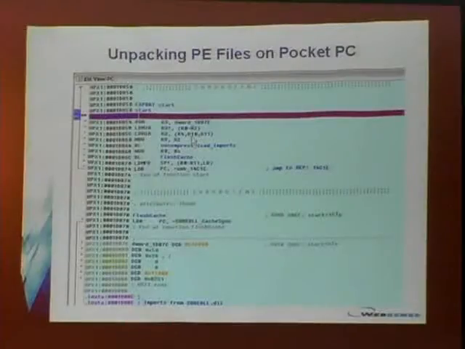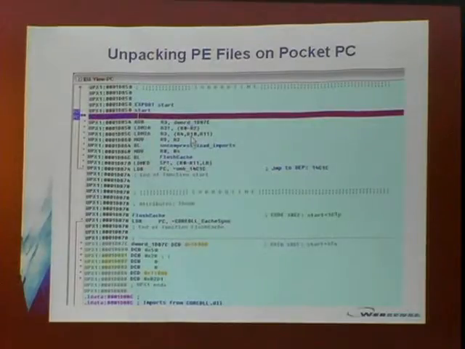So this is the start of a compressed file on Pocket PC. There are two main subfunctions. One will uncompress the application in memory, and it will also handle the import table of the application, because you need to resolve every function before you can call them.